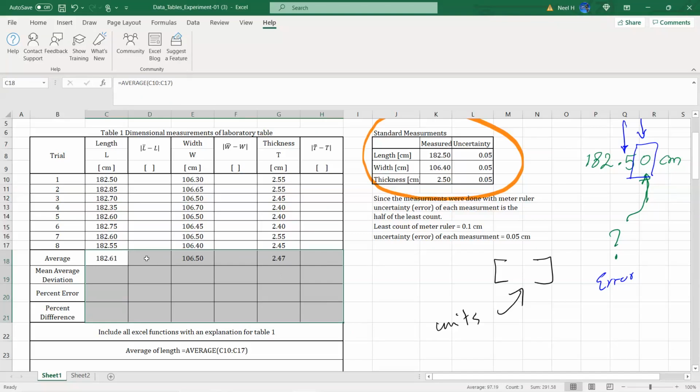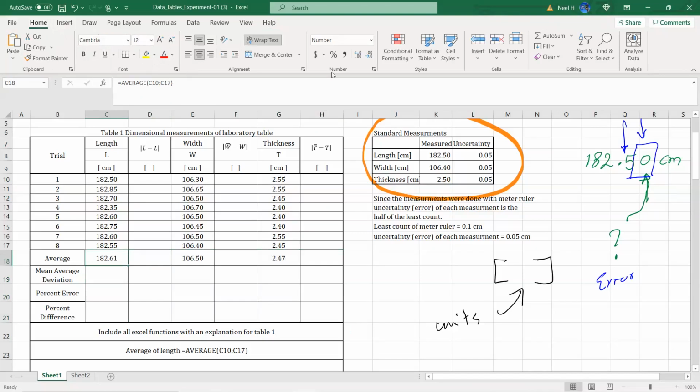So if you want to change it now, this is automatically formatted. That's why you see it this way. Otherwise, if you want to reformat any cell in Excel, you click on the cell, go to the Home menu bar on the very top, and then look a little bit middle top. Then you will see the area right here that says Number. If I want to increase the number of significant figures, you can see these small left and right arrows.